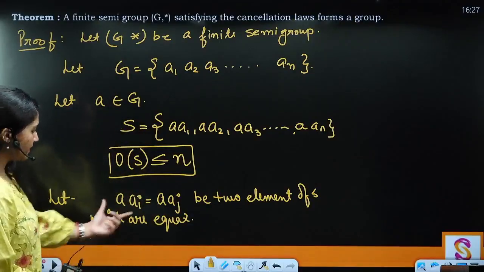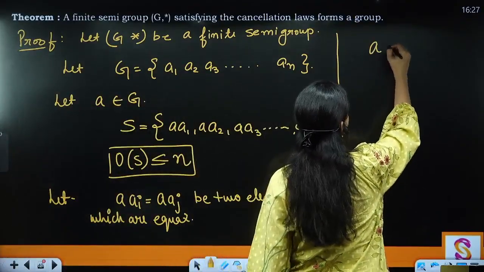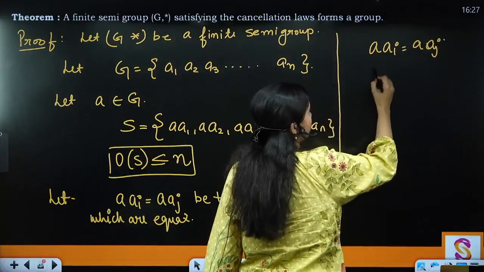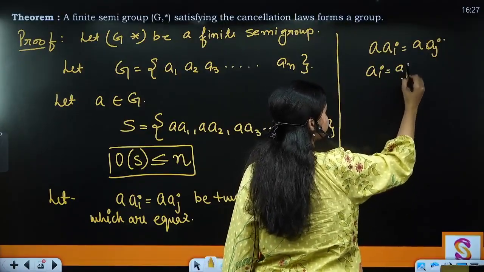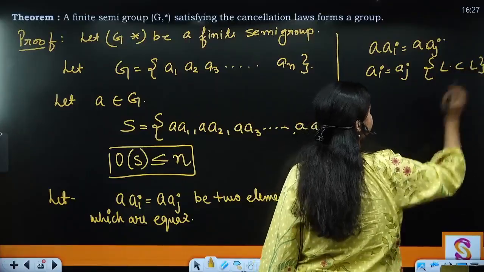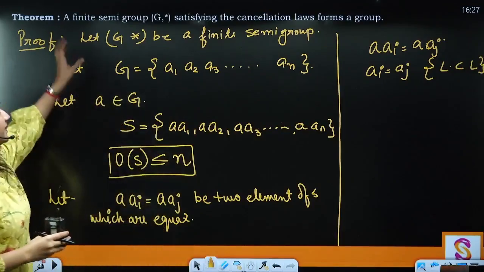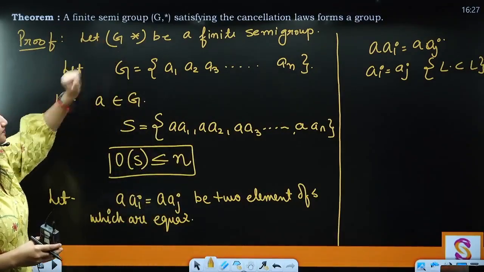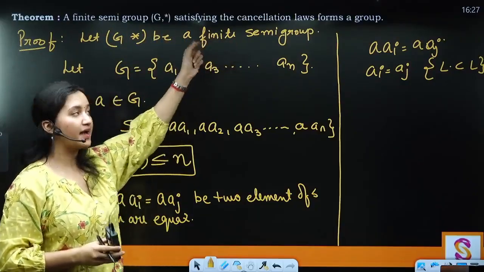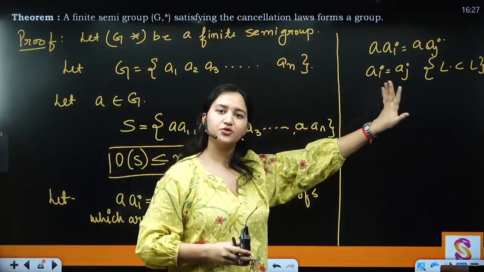Now, if they are equal, that means AAI equals AAJ. Now, AI equals AJ. Why? Left cancellation law. Can I cancel both the A's from the left hand side? Why? Because it is a finite semigroup and it is satisfying the cancellation laws. So from here I can say that AI is equal to AJ.